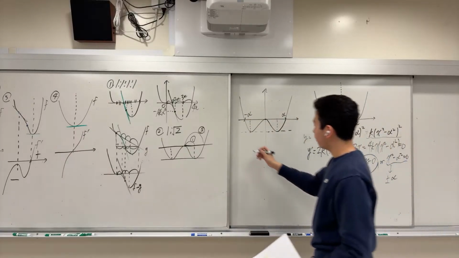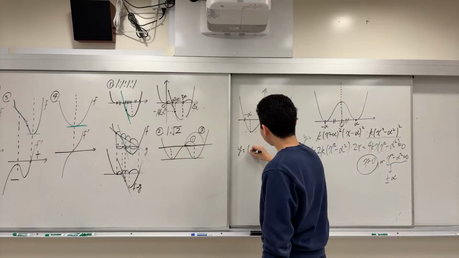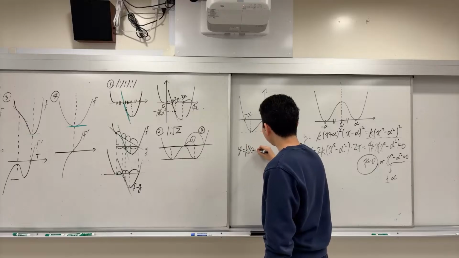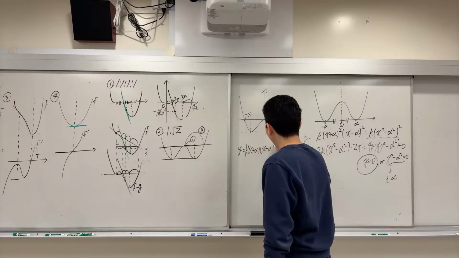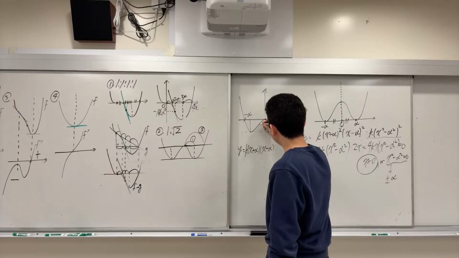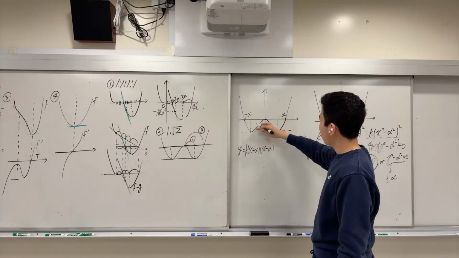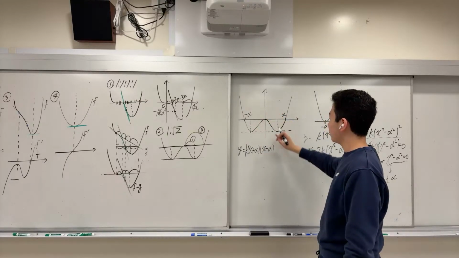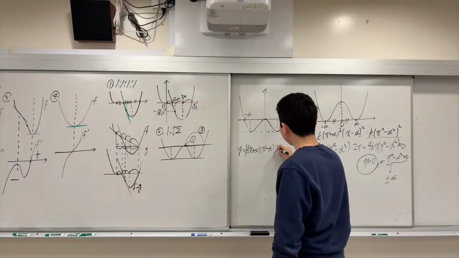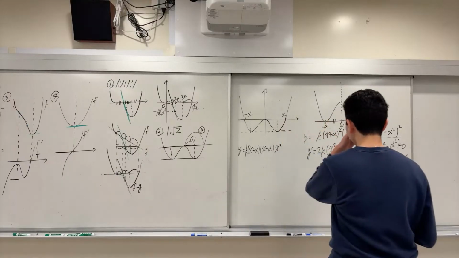And now we can set up our equation. y equals k times (x plus alpha)(x minus alpha), and then this has a multiplicity of 2, right? Because it has that going up there, just touching it, and going back shape, x squared. So that's going to be our function.